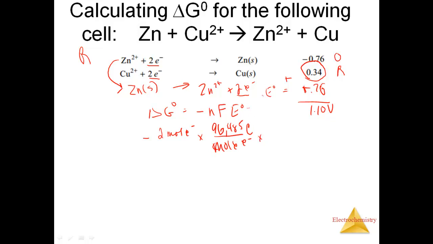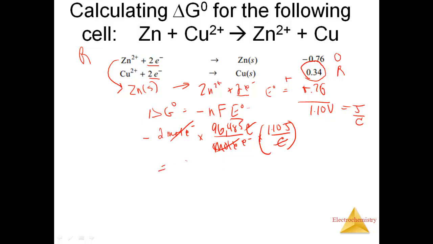And I'm going to multiply that times E, my standard EMF, and this is in volts. And volts, as we know, is joules per coulomb, right? So this would be times my 1.10 joules per coulomb. And you'll see how nicely all the units cancel. Moles of electrons, coulombs, and I'm left with joules.